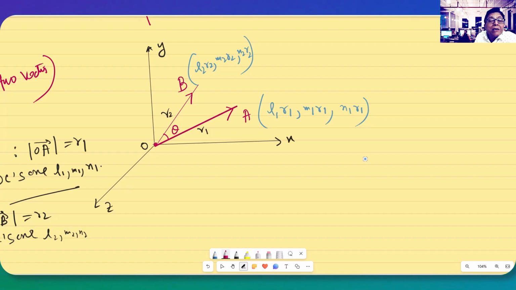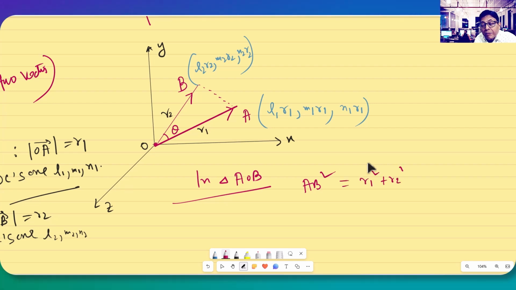We go by cosine rule of triangle. In triangle AOB, AB square equal to R1 square plus R2 square minus 2 R1 R2 cosine theta. What is AB over there? AB is the distance between 2 points.